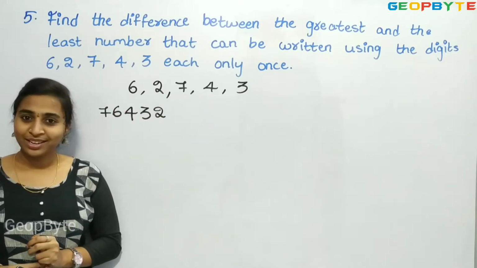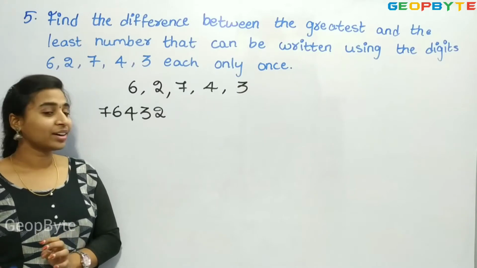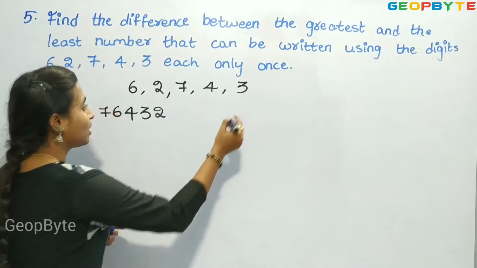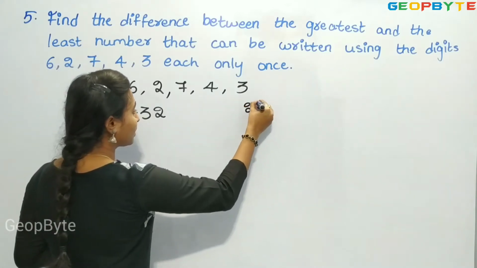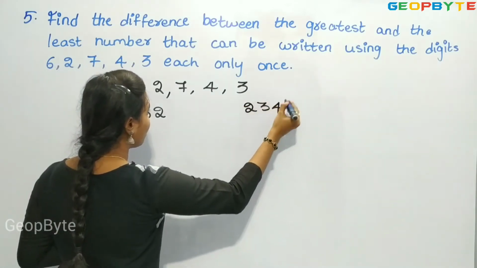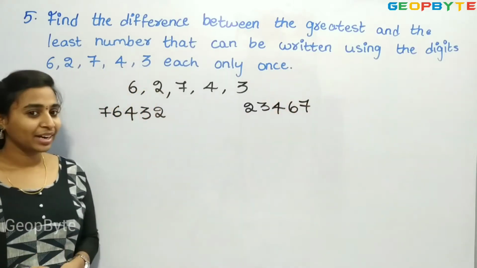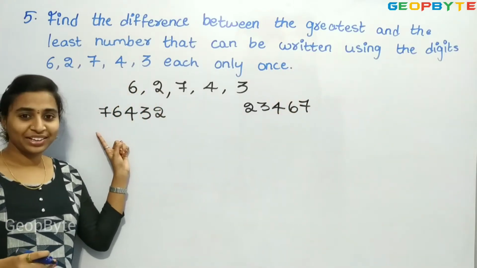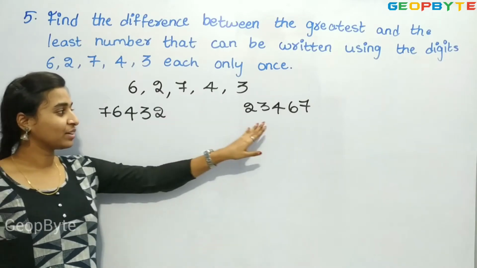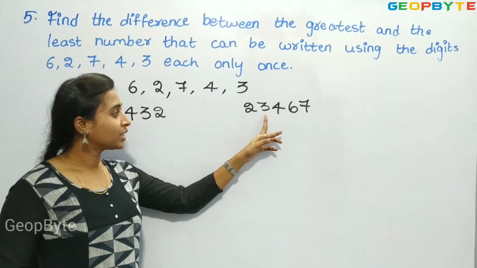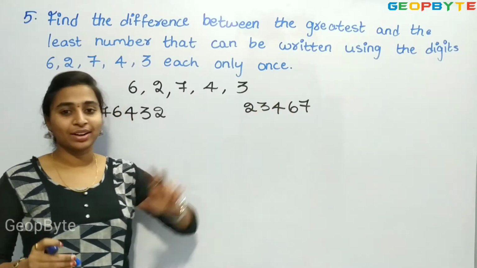Now let us make the smallest number from these digits, that is 2, 3, 4, 6, 7. This is written in reverse, in ascending order from 2: 2, 3, 4, 6, 7.